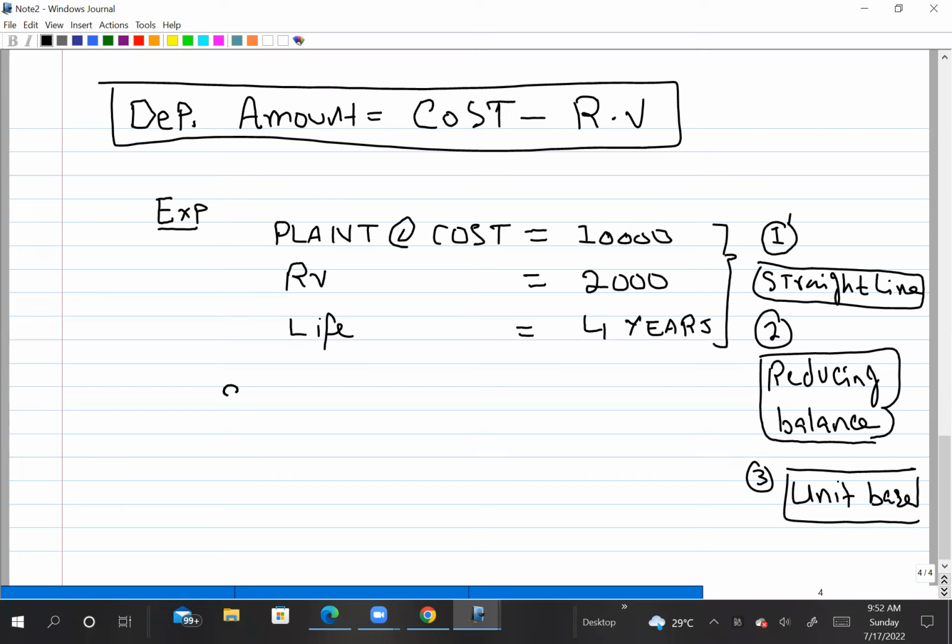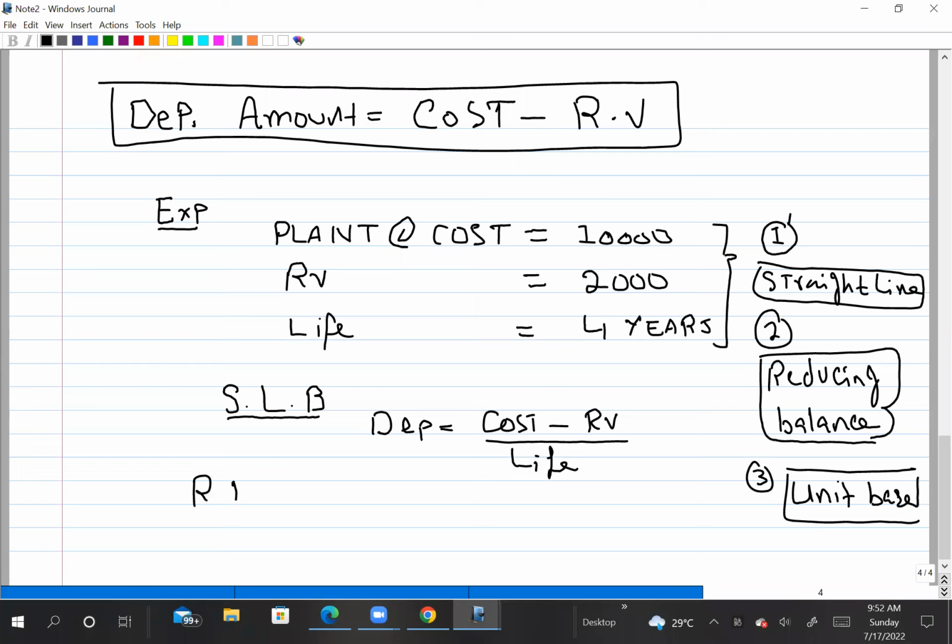In the straight line basis, depreciation is equal to cost minus residual value divided by life.